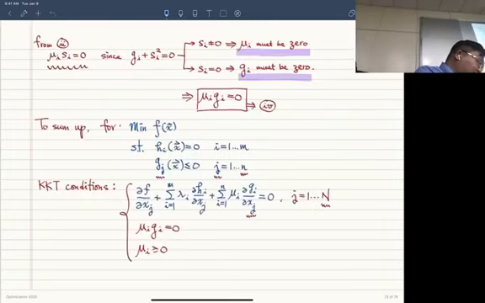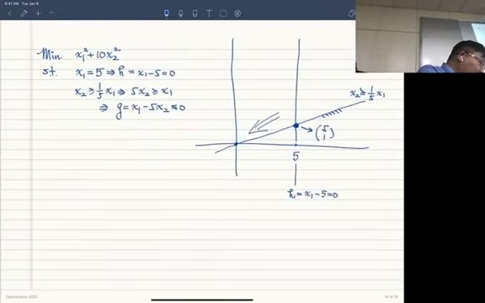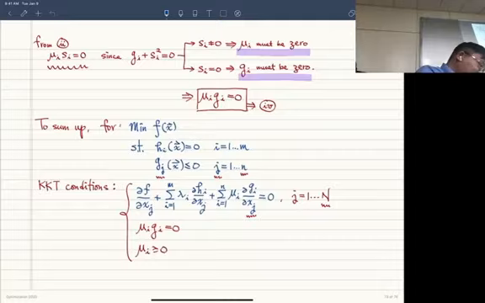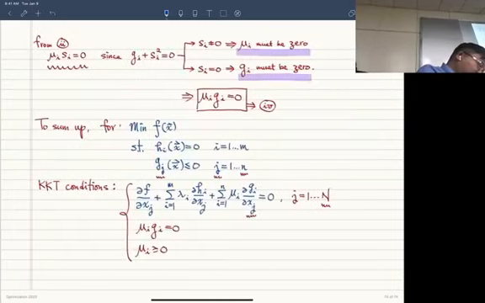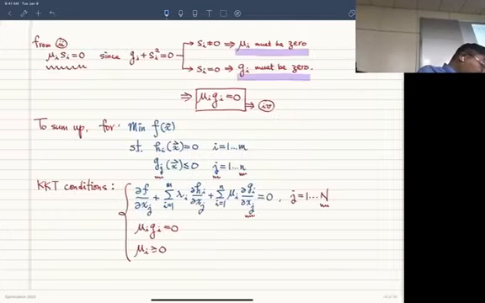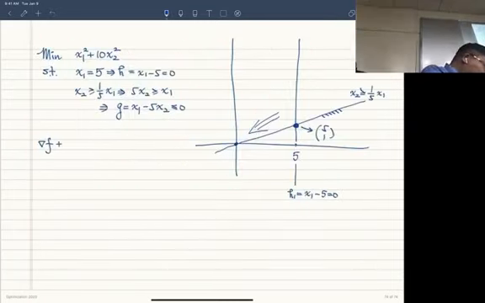Based on KKT, I should have gradient f plus lambda gradient h plus mu gradient g equal to 0.